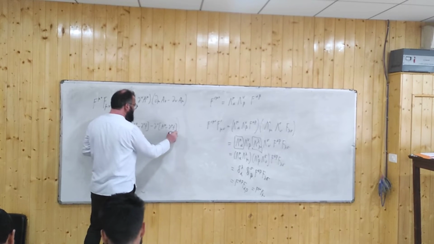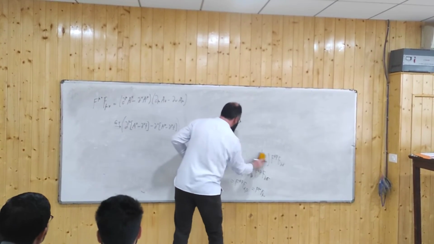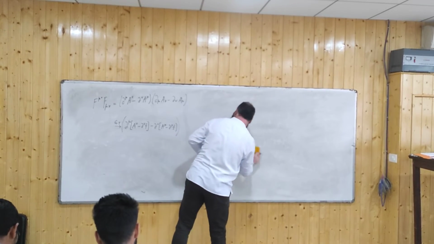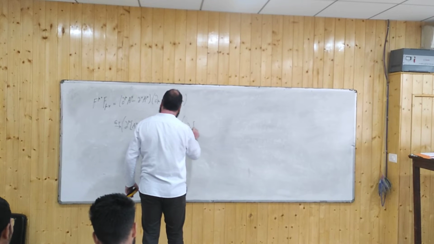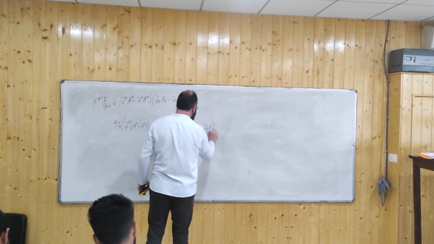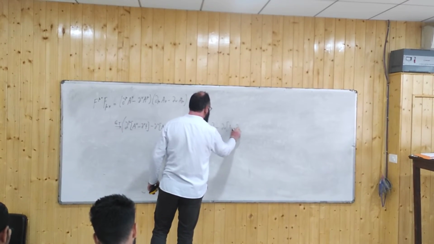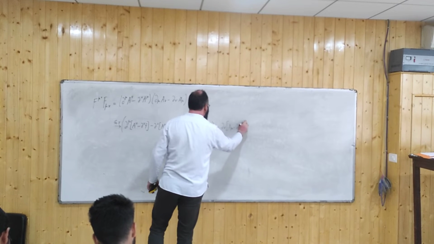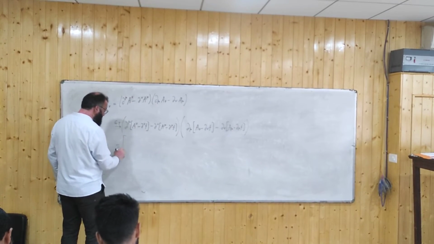So then you are having this object: partial mu (A nu minus partial nu F) minus partial nu (A mu minus partial mu F). Okay?